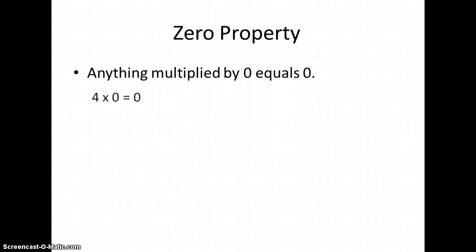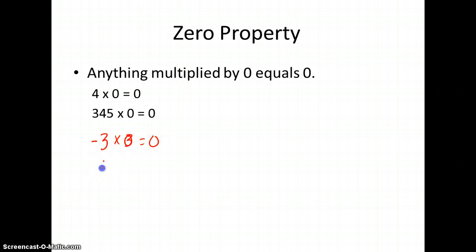The next property we're going to talk about is the zero property. The zero property tells us that anything we multiply by 0 will equal 0. 4 times 0 equals 0. 345 times 0 equals 0. Like the identity property, the zero property works with integers. -3 times 0 equals 0.